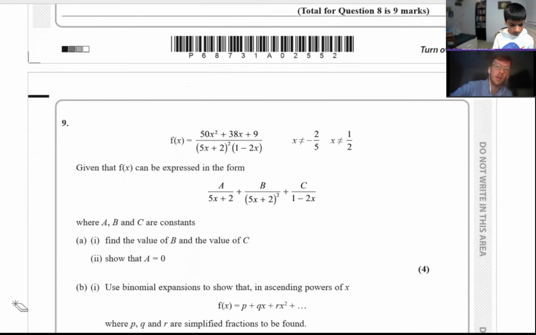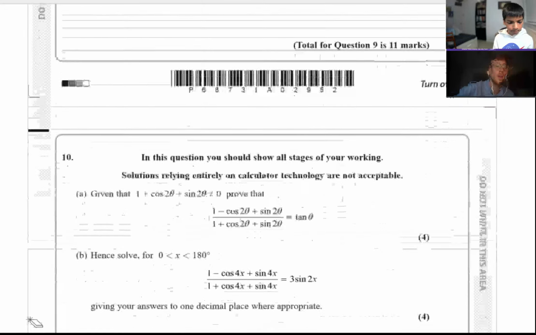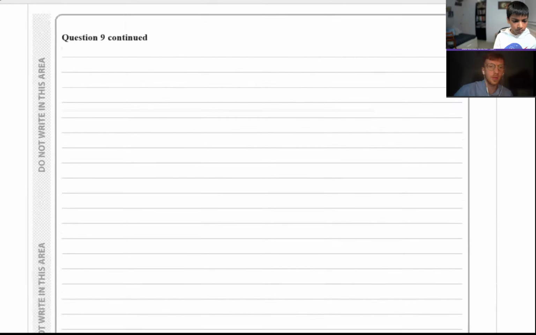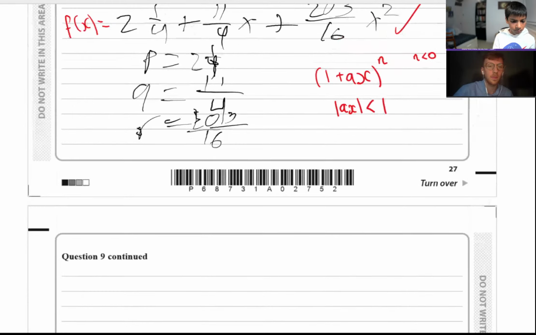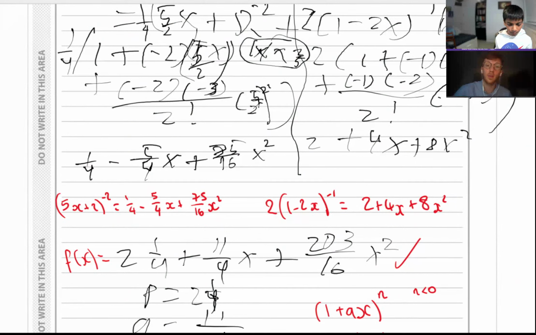So our higher power of x needs to go to 0. So that's going to happen when the modulus of ax is less than 1. So that's what Courtney has done for each of these two questions. He set the modulus of 5 over 2 x less than 1 to give the modulus of x is less than 2/5, and the modulus of 2x is less than 1 to give the modulus of x is less than a half. So that's how he's got his answers.